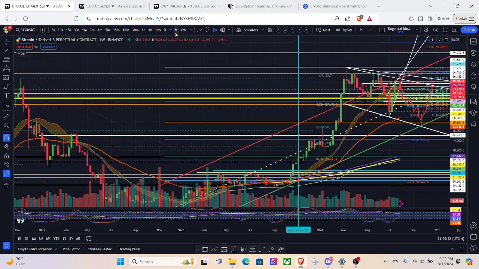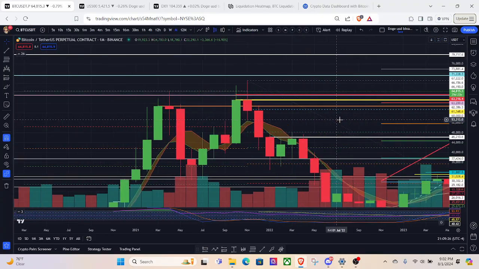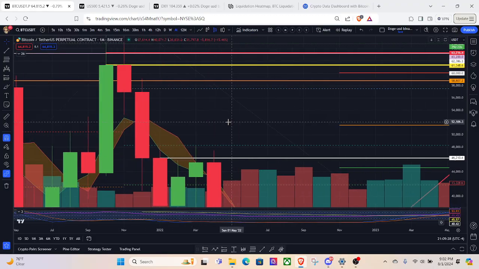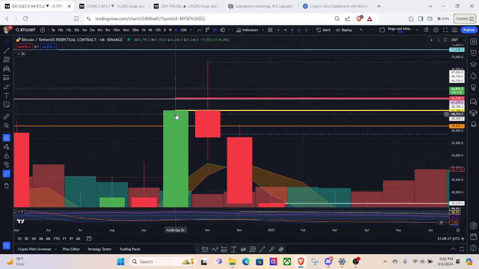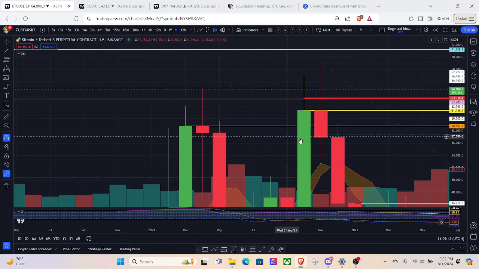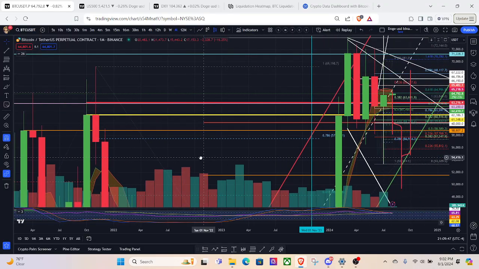Another thing that I wanted to go to was the monthly chart, just to illustrate why this red and yellow line has such importance. I should have put a stopwatch to keep track of time. So this yellow line is the close of what was previously the highest monthly candle body close in history before March of 2024.